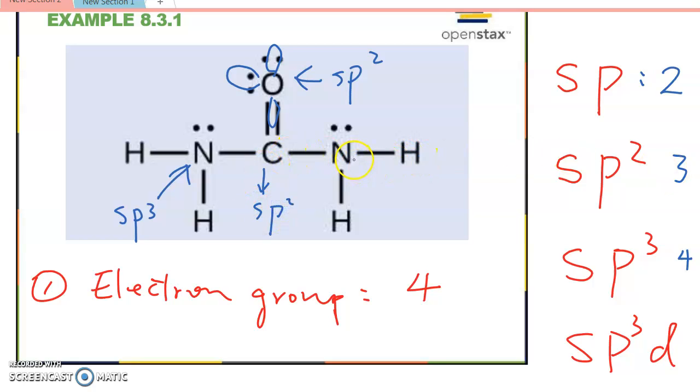Let's look at this one. How many electron groups? 1, 2, 3, 4. 4 electron groups or 4 branches coming out. So 1 plus 3 equals 4. So this one will be sp3.